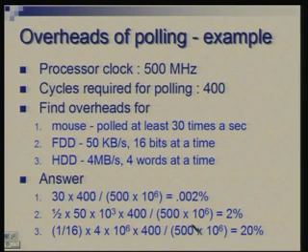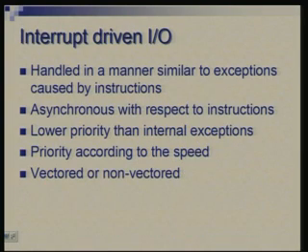You cannot spend 20% of the time just polling a particular device, right. So, we need to do something better than that, and the solution for that is interrupt driven input output.